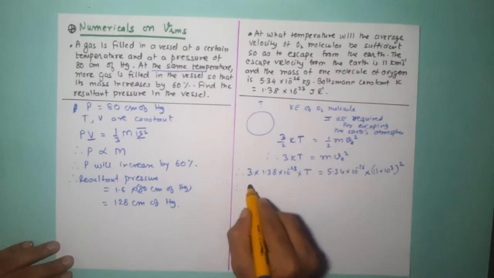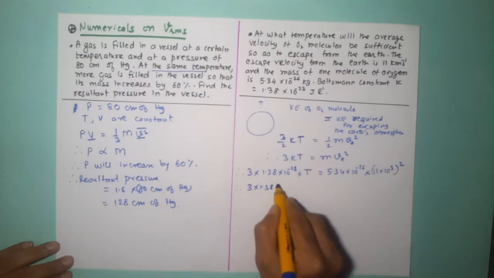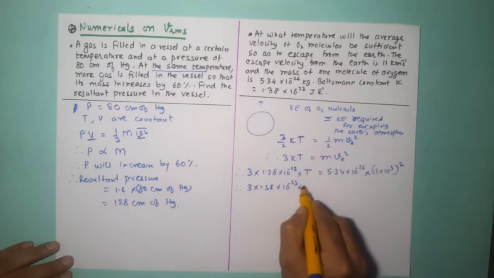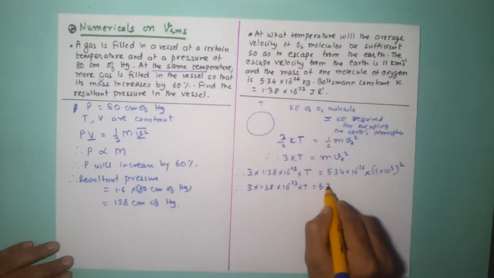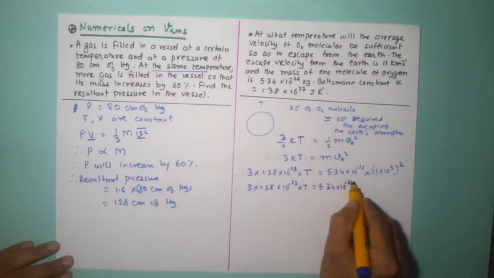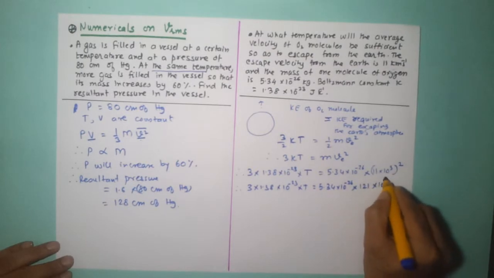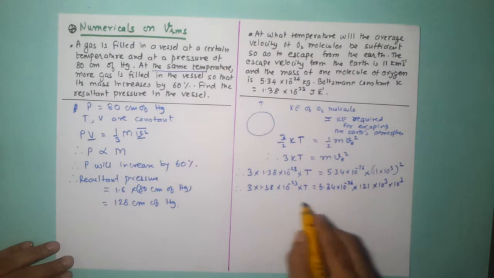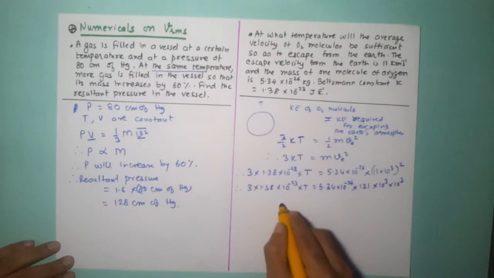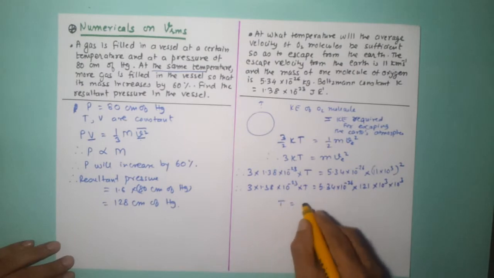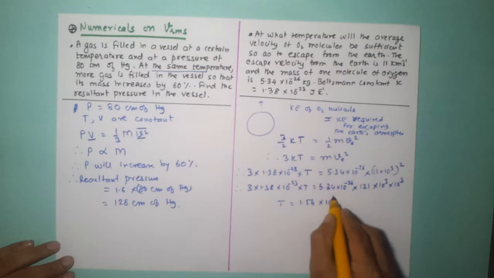Therefore, if I do this calculation, 3 into 1.38 into 10 raised to minus 23 into T is equal to 5.34 into 10 raised to minus 26, 11 square would be 121, and 10 raised to 3 and 10 raised to 3, and if I do this calculation, I'll get the value of temperature as somewhere around 1.56 into 10 raised to 5.